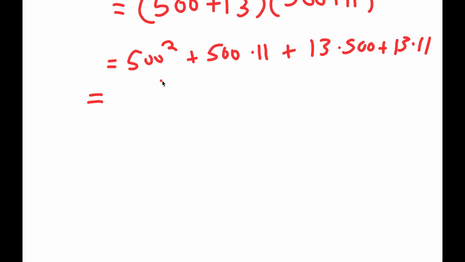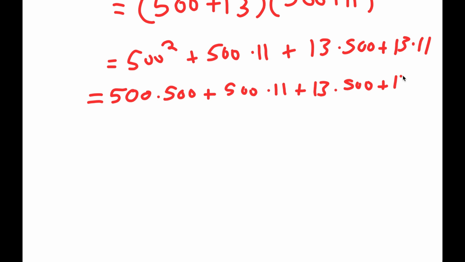And now 500 squared is the same thing as 500 times 500. So I have 500 times 500 plus 500 times 11 plus 13 times 500 plus 13 times 11.